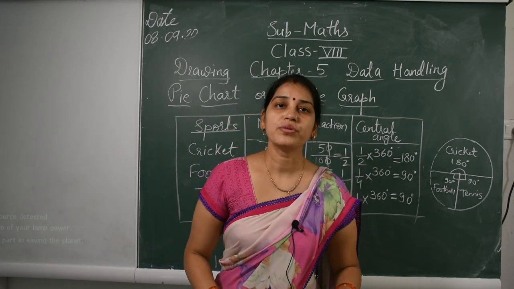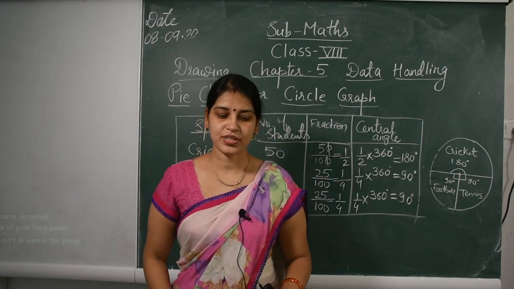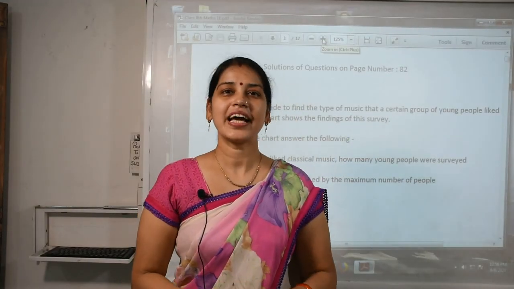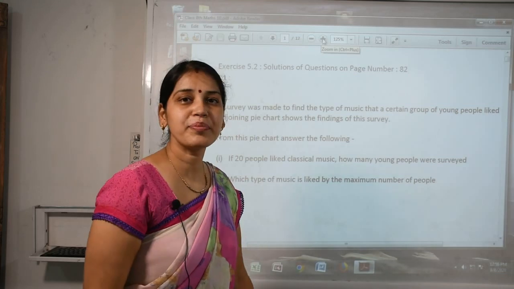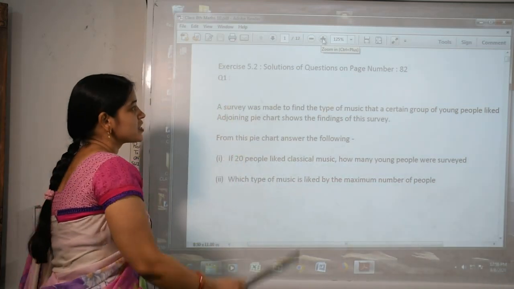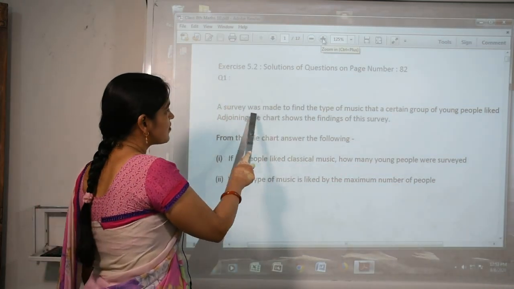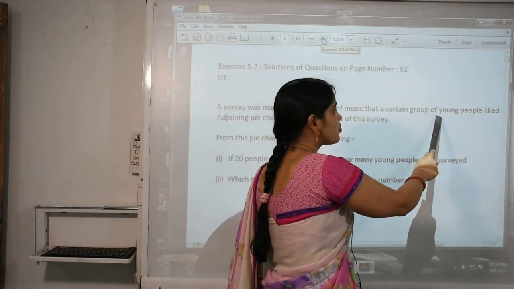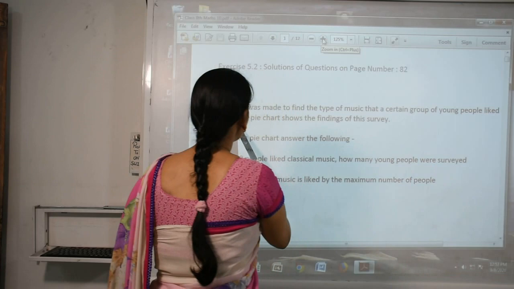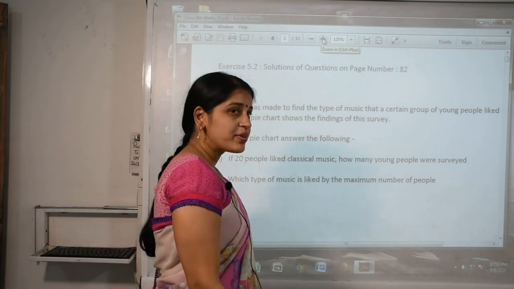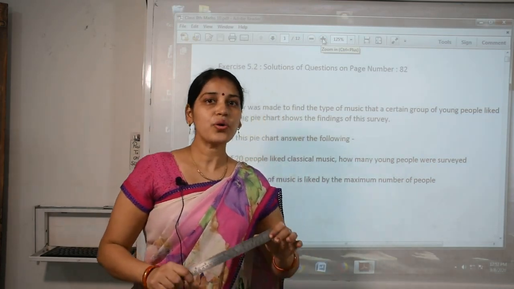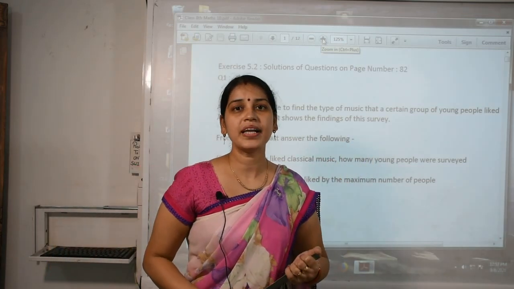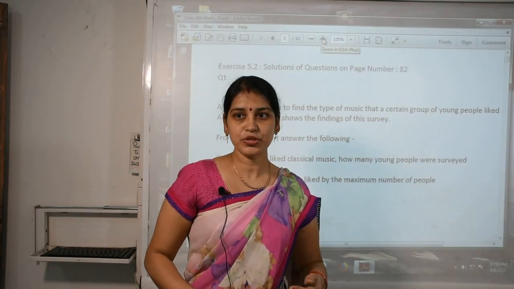Okay. Now we have to see our exercise questions. Now let's see the question of the exercise. So exercise 5.2, question number first. A survey was made to find the type of music that a certain group of young people liked. So here what is given: a survey was done and it was found which type of people like which type of music.